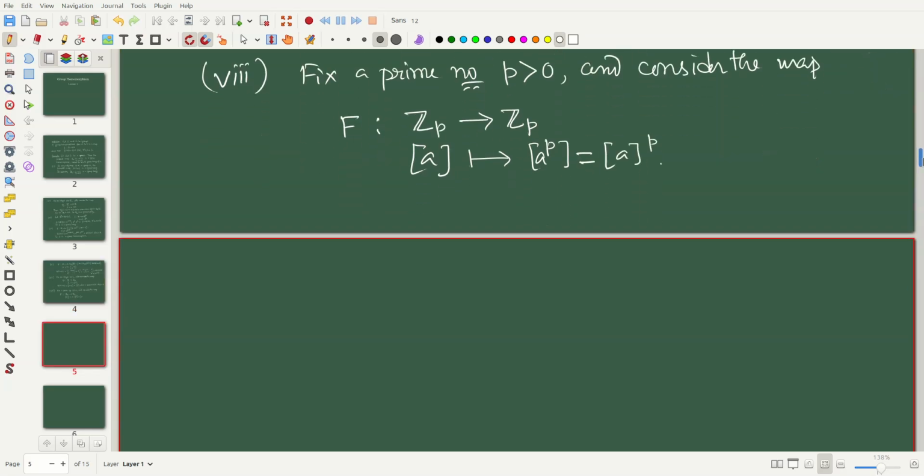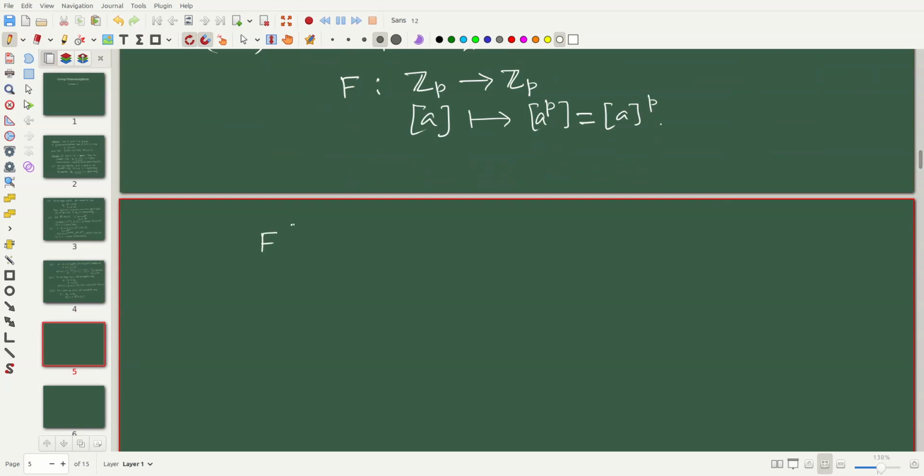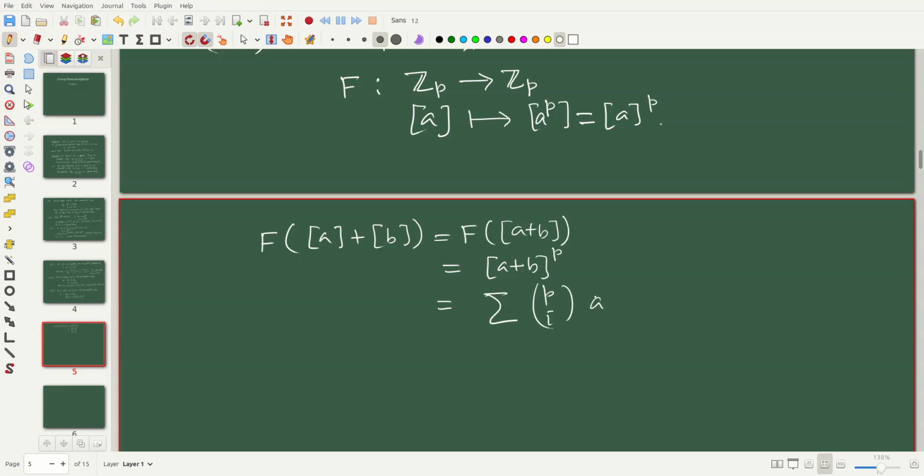Now note that this is also a group homomorphism because f of the class of a plus the class of b is equal to f of the class of a plus b, which is a plus b to the power p, equal to the sum over i from 0 to p of p choose i times a to the power p minus i times b to the power i, the binomial theorem, right?